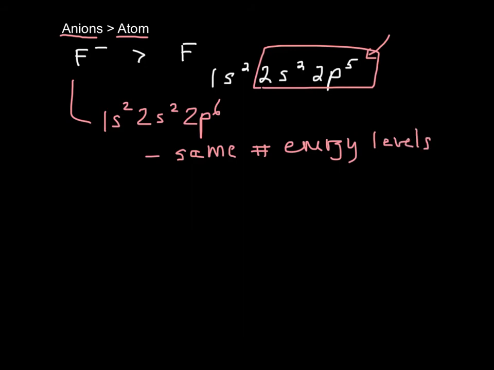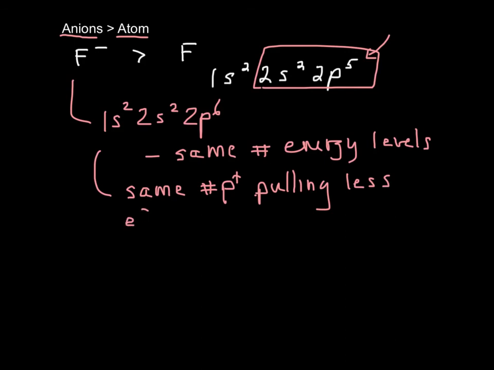Okay, instead, we say that fluoride has the same number of protons, pulling less efficiently, right? Less effectively on more electrons. Okay. Again, fluorine, if you look at the periodic table, has 9 protons. Fluorine and fluoride both have 9 protons.